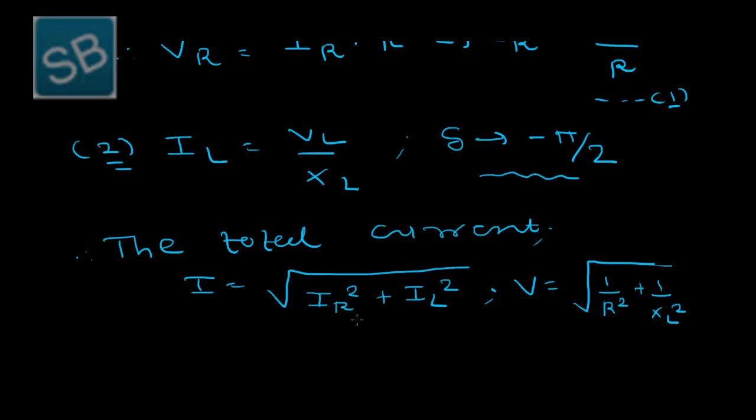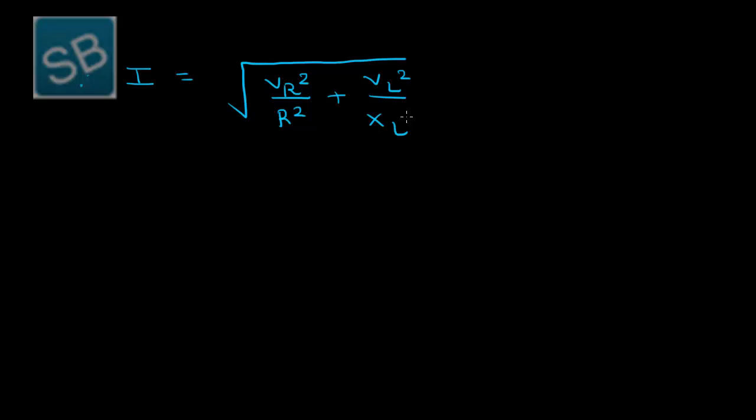So let's try the expansion from I to V. Here I am taking the value of I as it is, under root of IR square plus IL square. So what is the value of IR? It is VR square over R square plus VL square over XL square. But we know the values of VR and VL are the same.